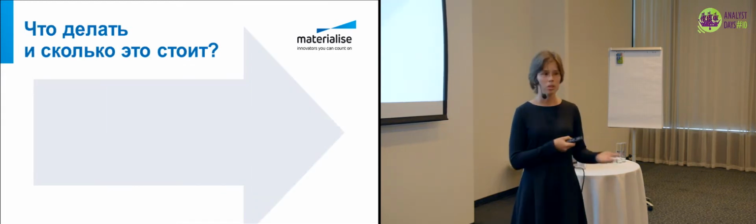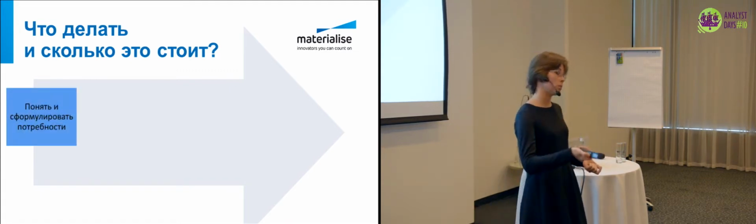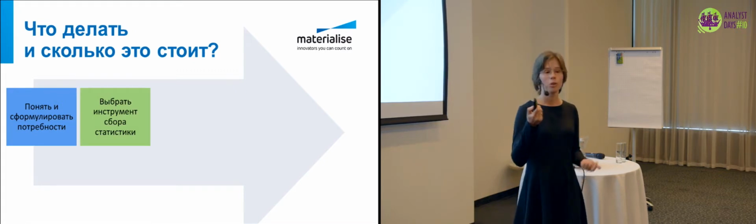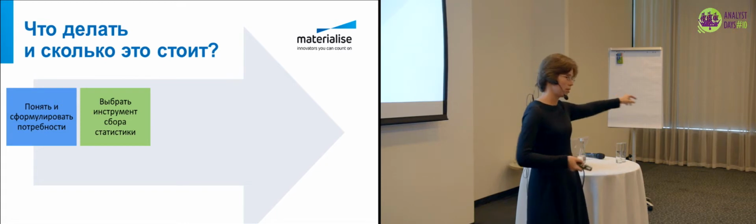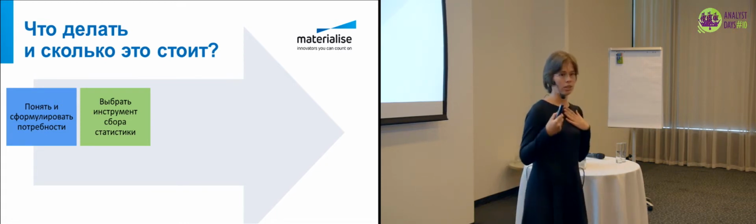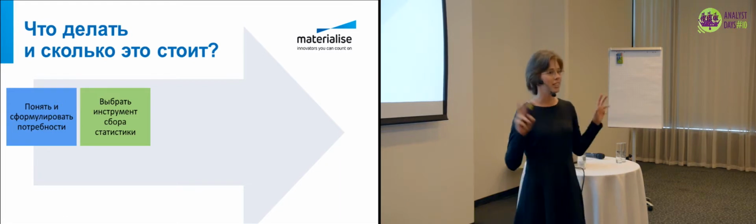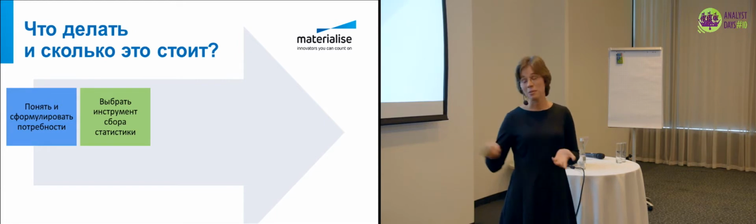So you are probably interested in what's been done and how much it costs. So we understood and formulated our needs, not the needs of some customer who sits somewhere else, but the needs of our particular team, of our analytical department of 2 people.